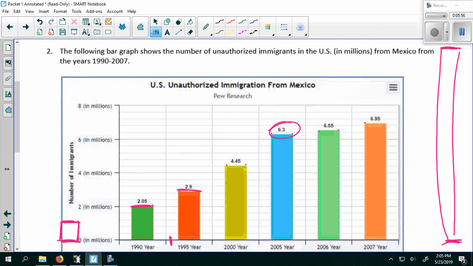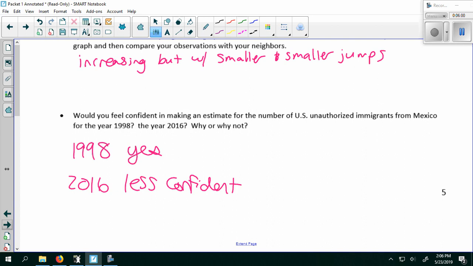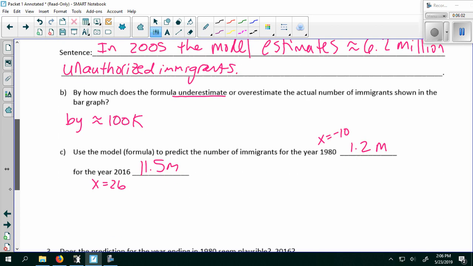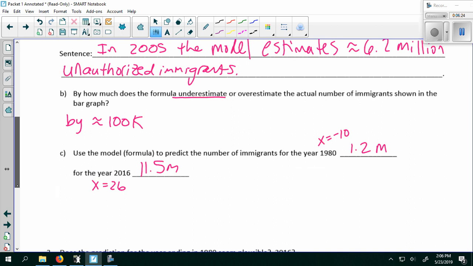So that might be a bad estimate, but it's possible. It's hard to know without having the actual data or data at least near 2016. So again, this is less plausible, not impossible, but I trust it less because it does seem like a big jump, and I don't have any data to verify.